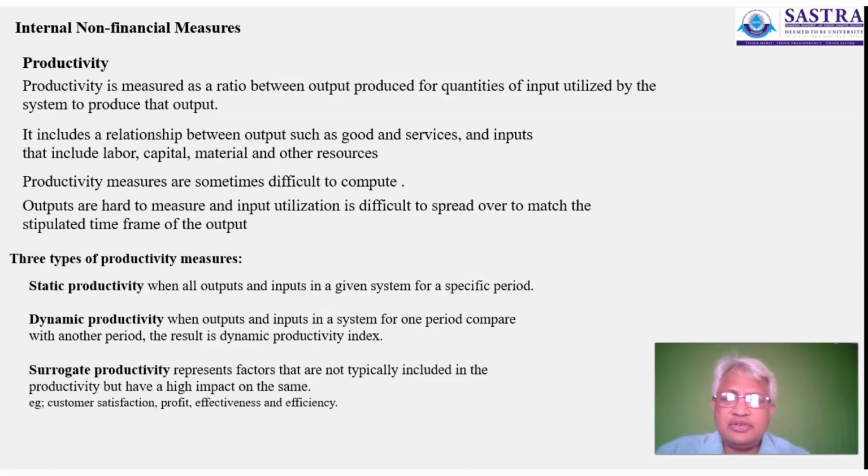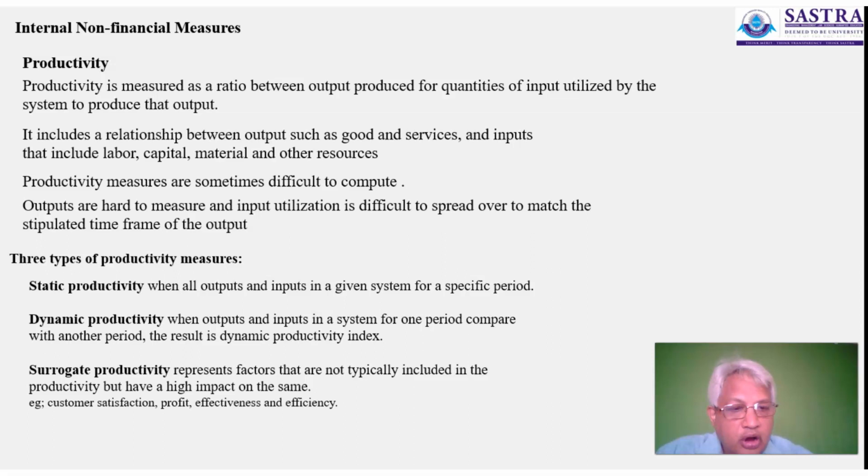Having said that, it is very easy to understand what an output is and what the given inputs are. But it is quite complicated and complex to understand productivity just by this simple definition. So let us enlarge the scope of the meaning of productivity. It is a ratio between output produced and quantities of input, which is very essential to understand.